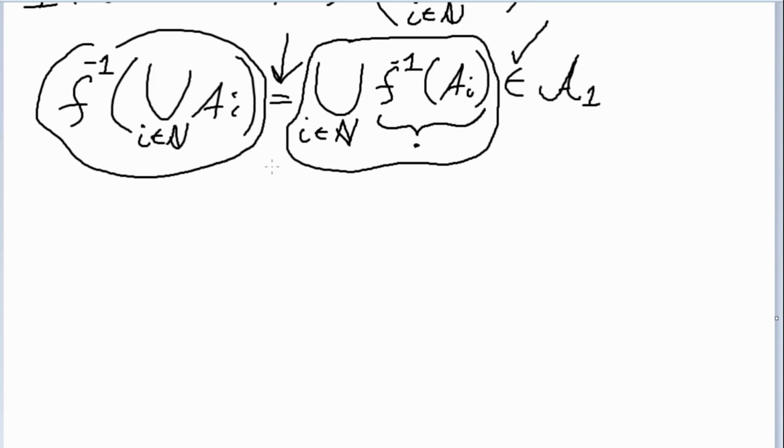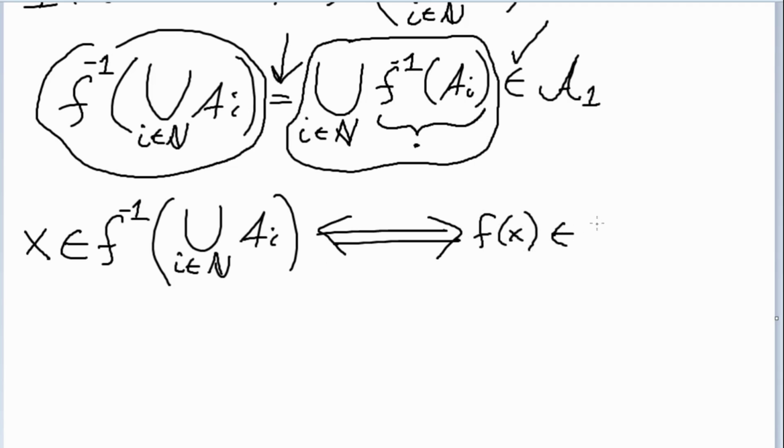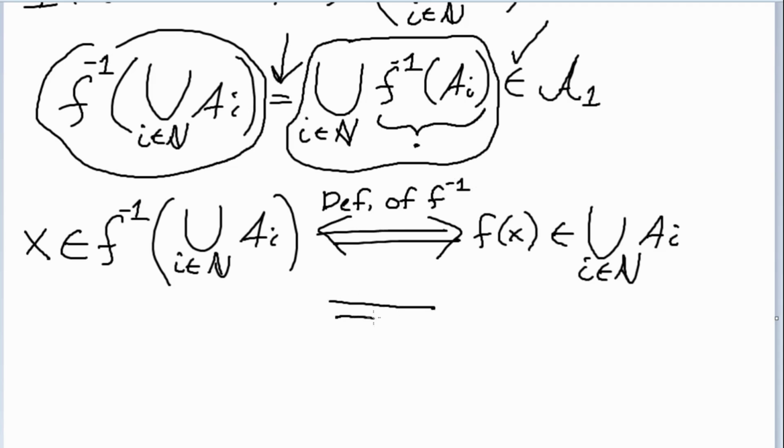So again, we'll just take a look. What does it mean to be in this set? So if x is in this preimage, that just means that if we take f of that x, so f of x, then we are in this union here. That's all that means, and how do I know that? I know that with the definition of preimage. Now, what does that mean?